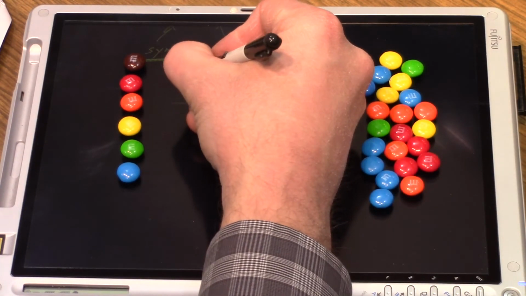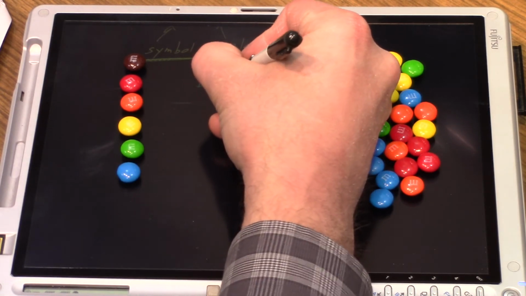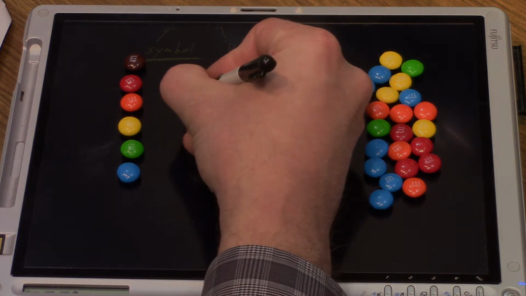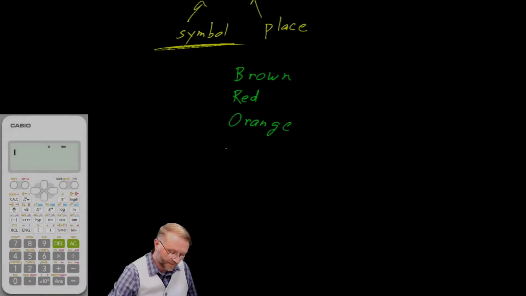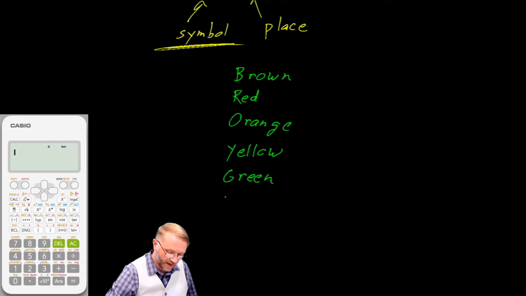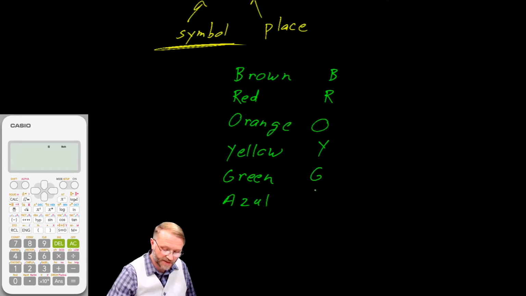So our symbols are brown, red, orange, yellow, green, and blue. We'll abbreviate that as B, R, O, Y for yellow, G, and A for blue.